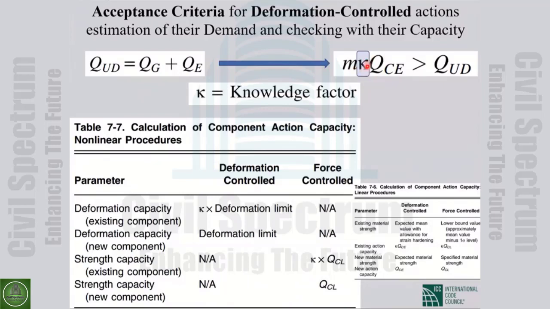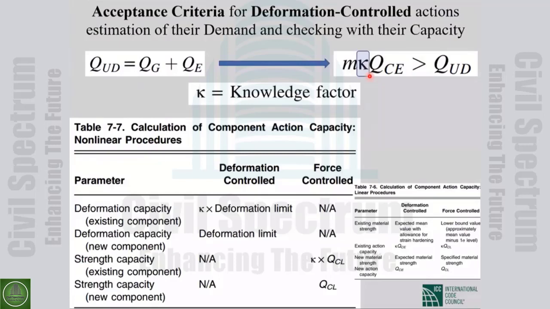For the new elements, for example, if you are using some new elements to retrofit the building, you don't need to reduce the capacities, because they are new elements, and you can supervise the way that they should be designed and applied.